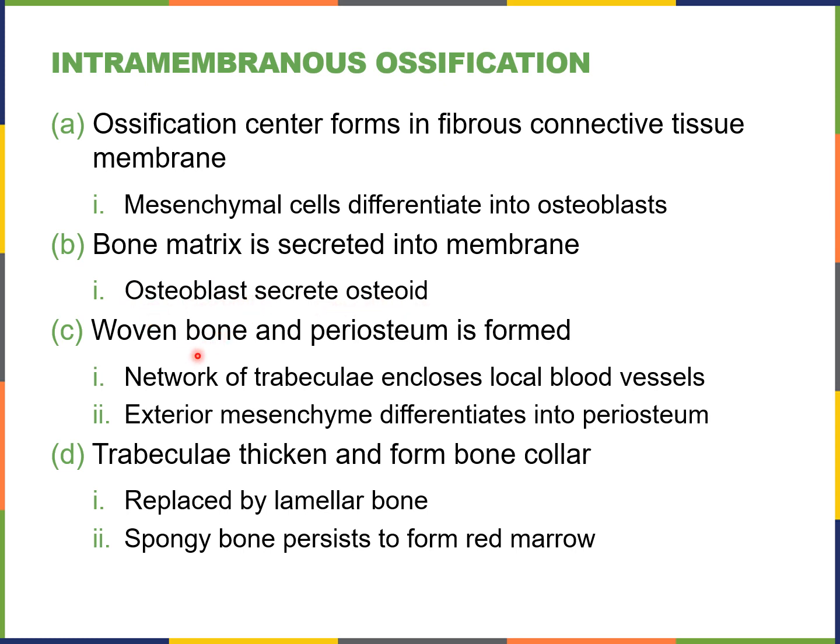Then we have the woven bone and periosteum being formed, and there's a network of trabeculae, so remember the spongy bone, enclosing those local blood vessels, and the exterior mesenchyme differentiates into the periosteum. Those trabeculae thicken, and they form a bone collar, replaced by the lamellar bone, and then the spongy bone persists to make that red marrow, which is basically the bone marrow that has the red blood cells in it.